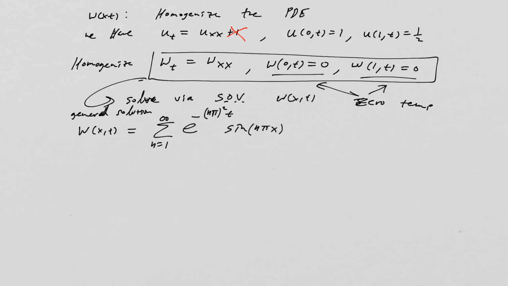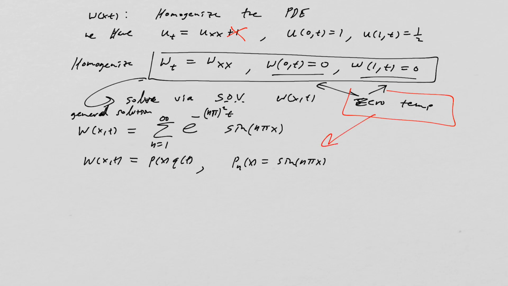And that's because, of course, w(x,t) is going to be P(x) times Q(t), and we have P_n(x) equal to the sine eigenfunctions, owing to the fact that we have a zero temperature boundary condition, and lambda_n is equal to negative (n pi) squared.